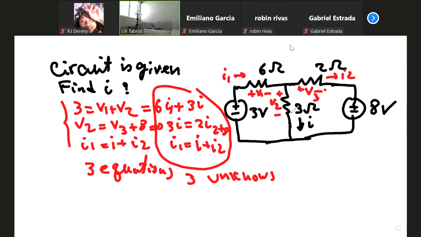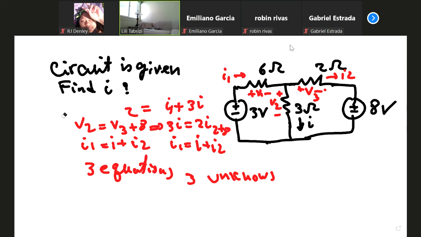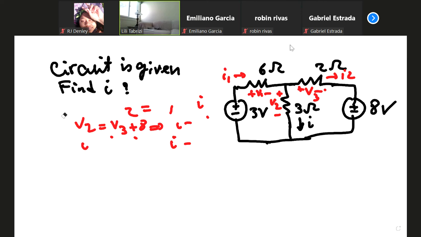And also in this case, everything is given in the design problem. There are some parameters that are given. So this is not an easy mathematical follow-up if you have 3 equations and 3 unknowns. So you want to avoid writing 3 equations. That's the whole point of nodal. So I'm going to use nodal and I solve this problem with 1 equation.